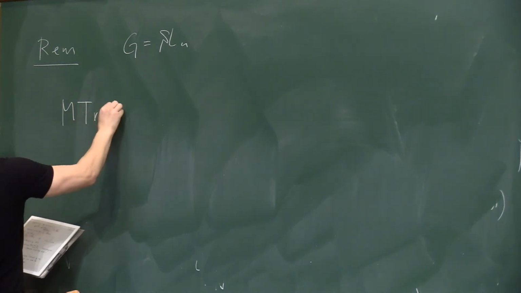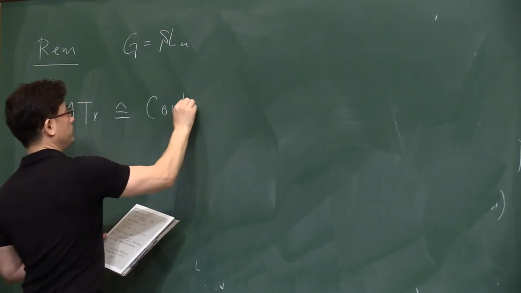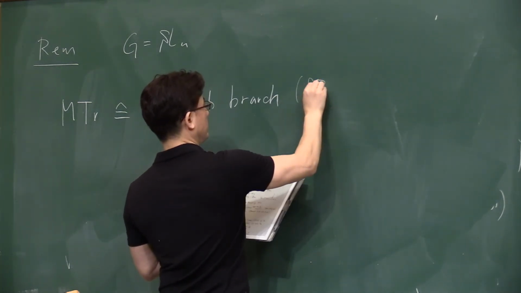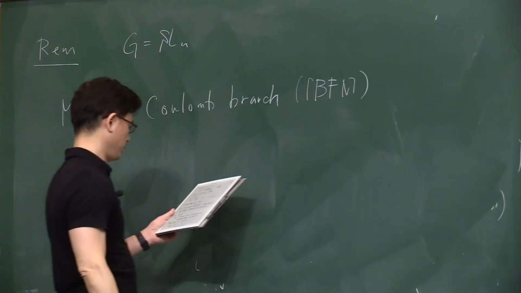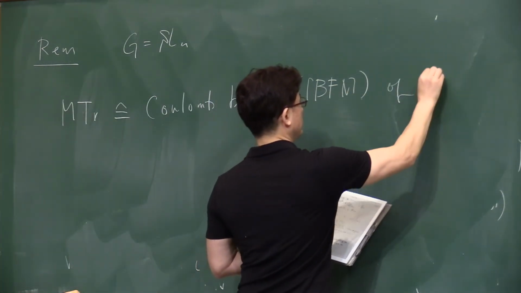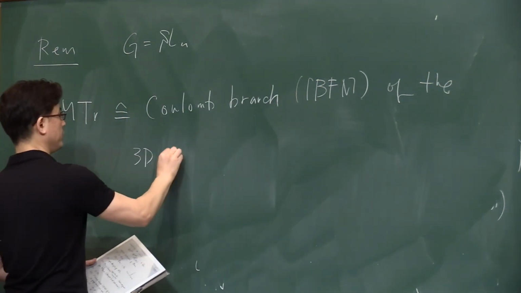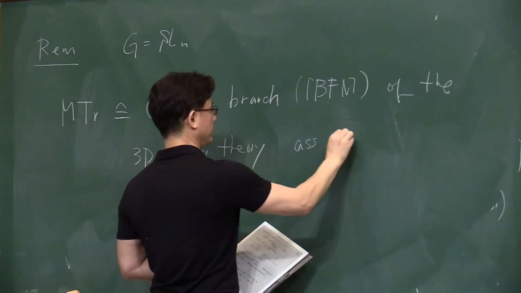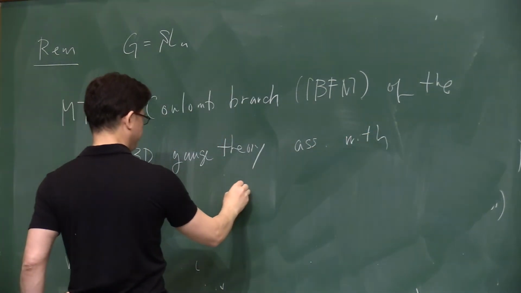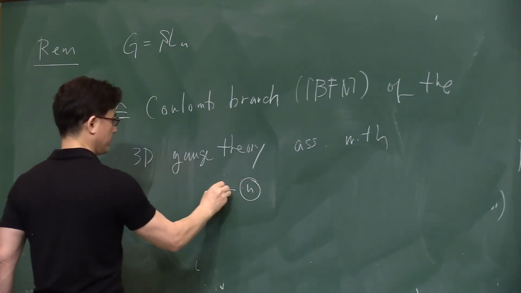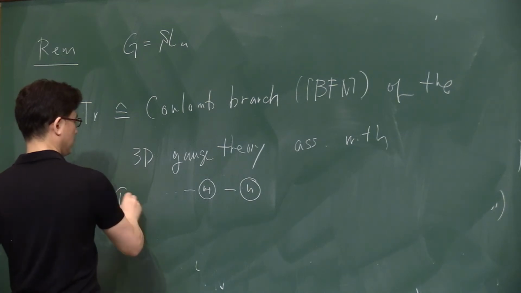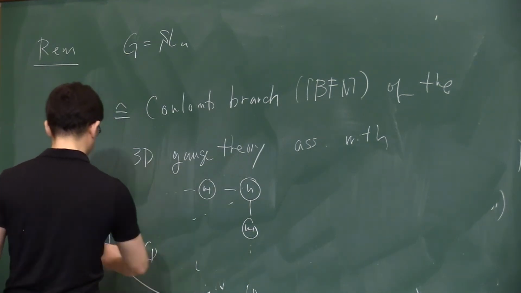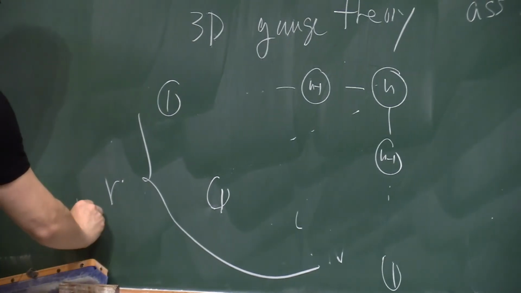And MTR is the same as the Coulomb branch, defined by Braverman, Finkelberg, Nakajima, although Nakajima-san didn't explain, of the 3D gauge theory associated with, so I have to describe a quiver. So the quiver is like this. This is the star-shaped quiver with R legs.